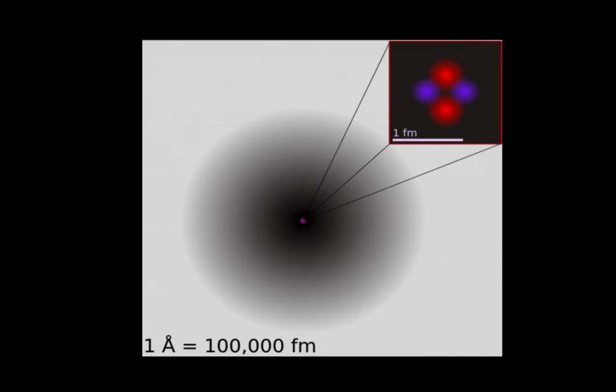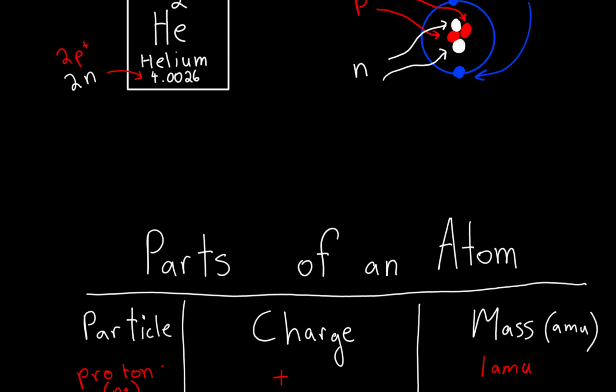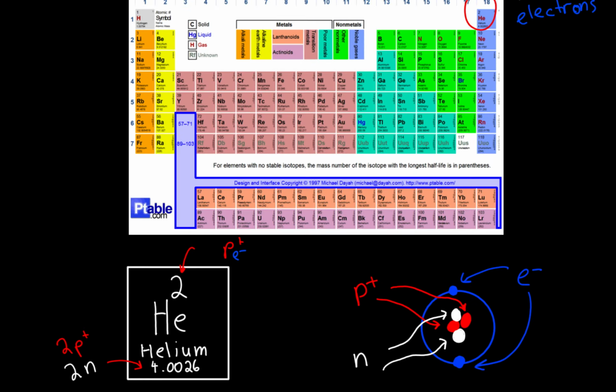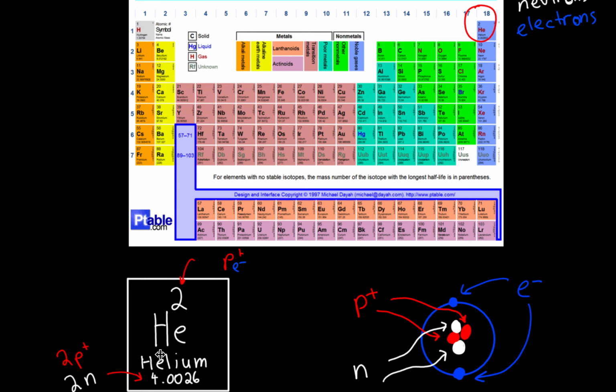And then also one additional thing, if you noticed up here, the mass that we see for helium is not exactly 4. It's 4.0026. And this is because this value is an average. It's not an exact value.